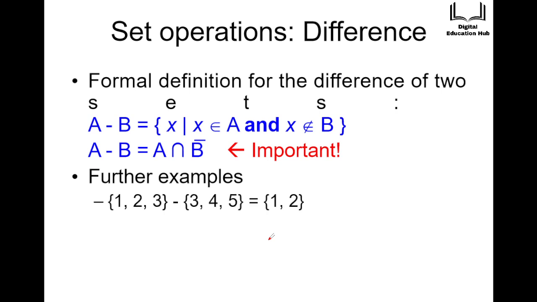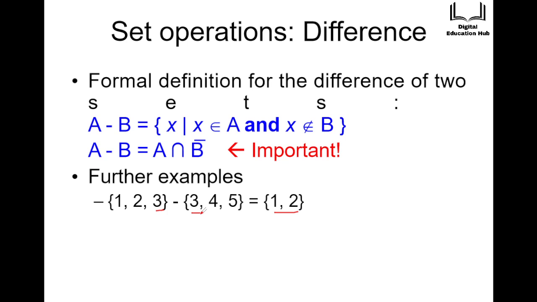For example, if we have the first set as 1, 2, 3 and the second set as 3, 4, 5, then to subtract you just write down all the elements of set 1 except the common value, the intersection value. So we write 1, 2, and since 3 is common between both of them, you remove that value.